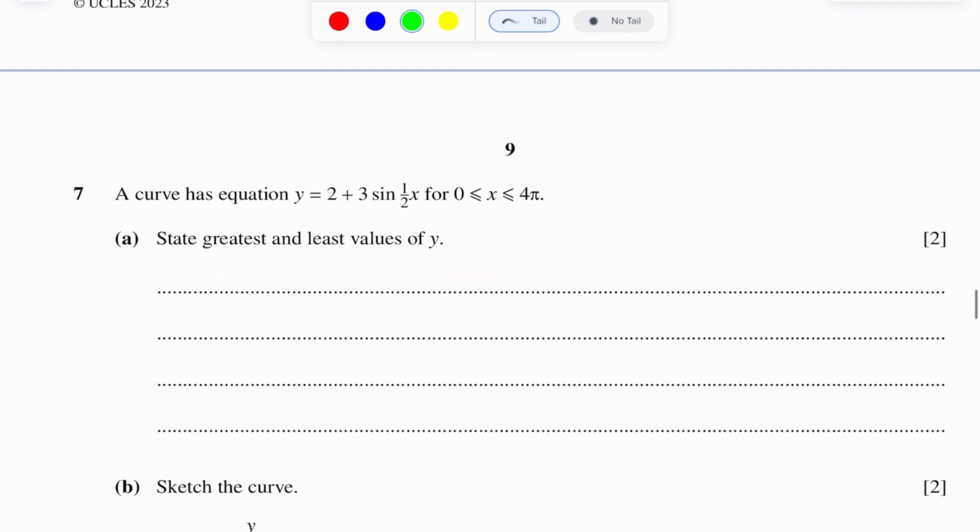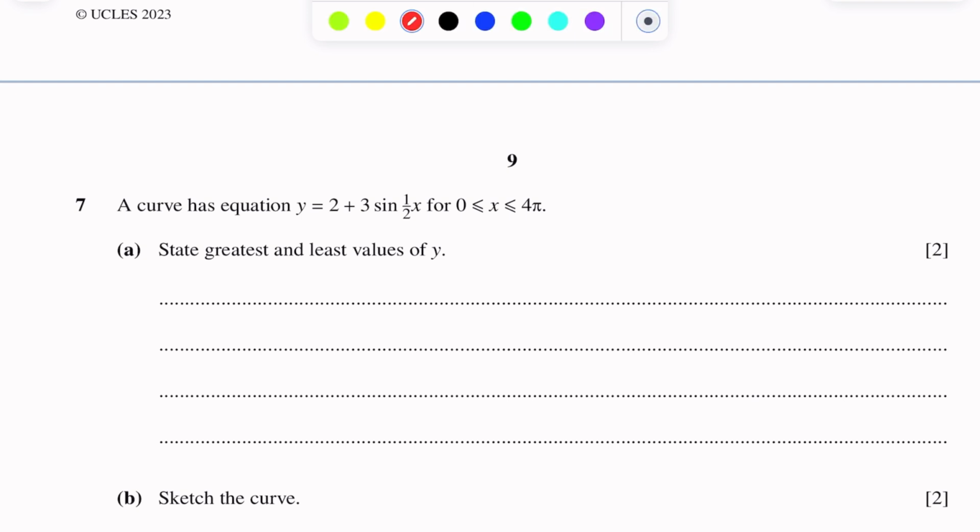To find the greatest and least value of y, first we write the equation in this form: y is equal to 2 plus 3 sine 1 over 2x. First we write it in this form: 3 sine 1 over 2x plus 2.